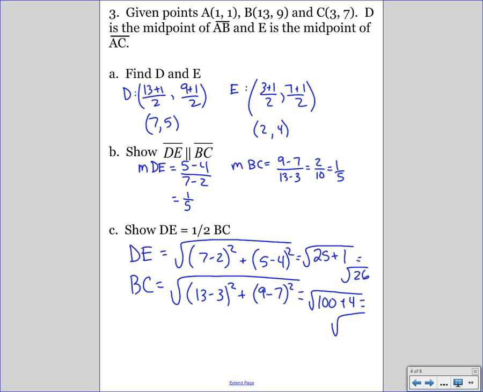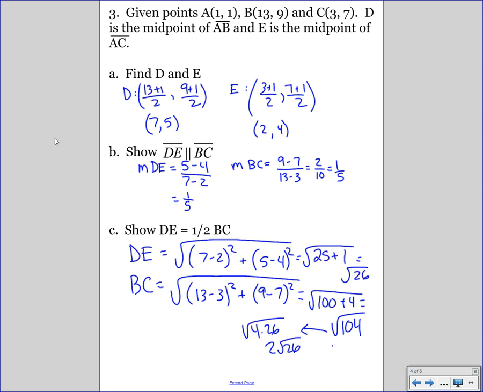So I get the square root of 104. Now it doesn't look like it. Simplify that radical. 104 is 4 times 26, which is 2 root 26. So 1/2 of 2 root 26 is equal to root 26.